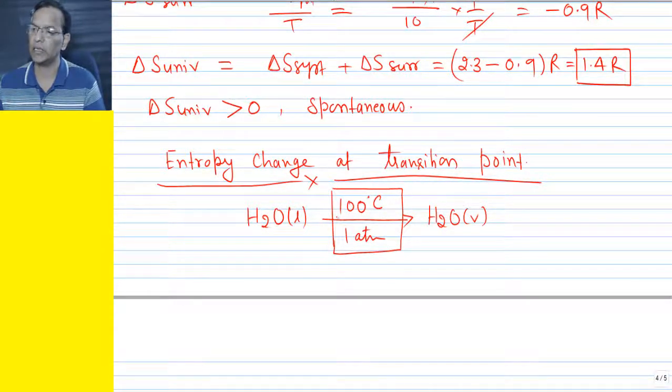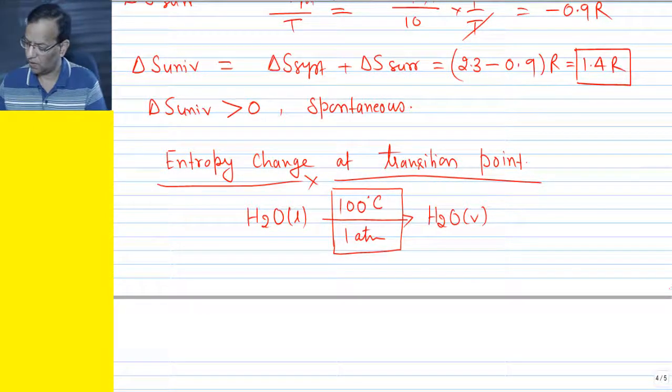For that purpose, that evaporation must occur very slowly, reversibly, so that the system absorbs heat but temperature does not rise, and heat absorbed is utilized in doing work of evaporation.